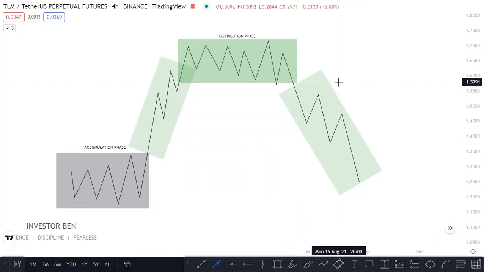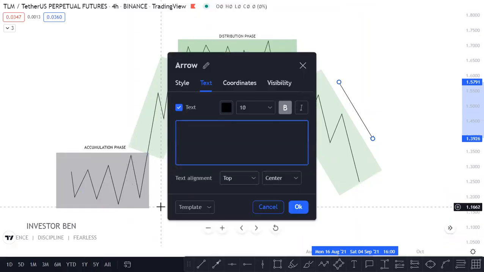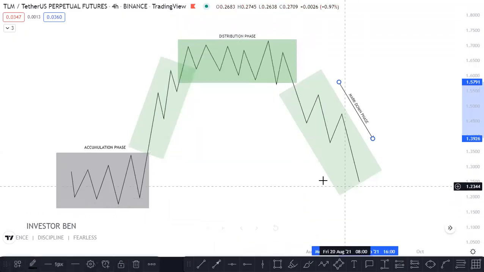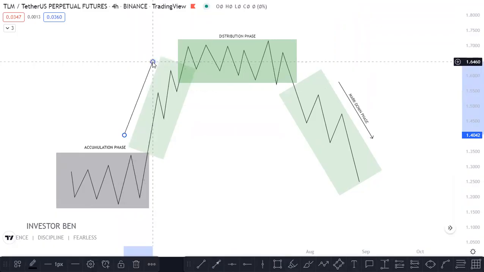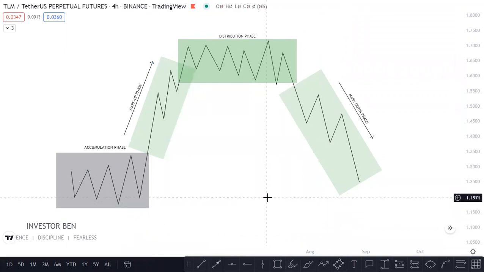This is your markdown phase. Or you can call it just markdown, right? It's your markdown phase at this point, and this is your markup phase. This is the markup phase, right here. So this is how the chart goes.